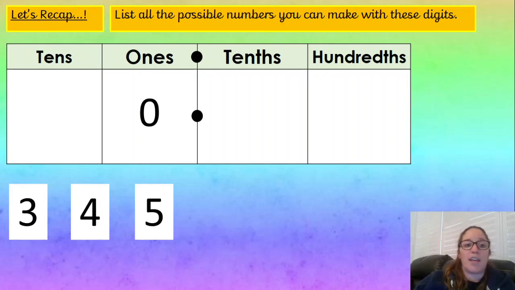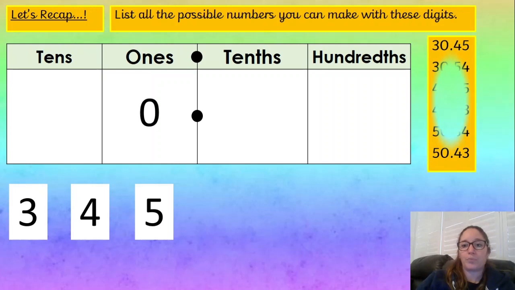Okay, so there's a methodical way of working this out. What I did first is I placed my 3 in my tens. So I had 30 point, and I put my 4 here and my 5 here. So I had 30.45. Then I kept my 3 there and just changed the 4 and the 5 around to make 30.54.